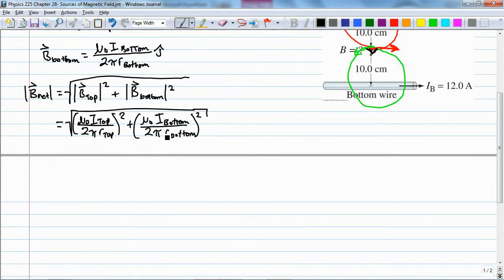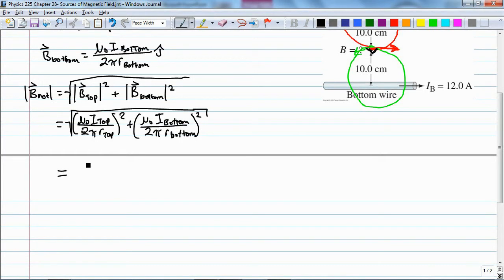But I know that R top and R bottom are equal because it's the halfway point. So I can factor out mu naught over 2 pi R top, and both of those are going to be squared, and then I'm going to take a square root.